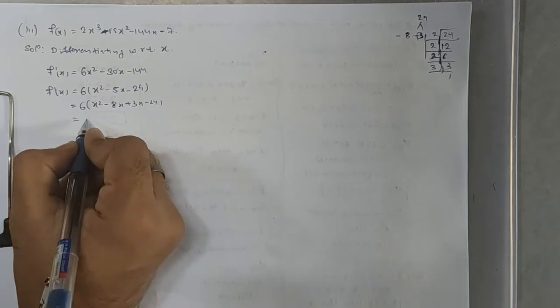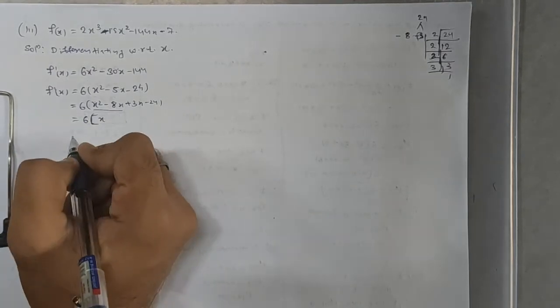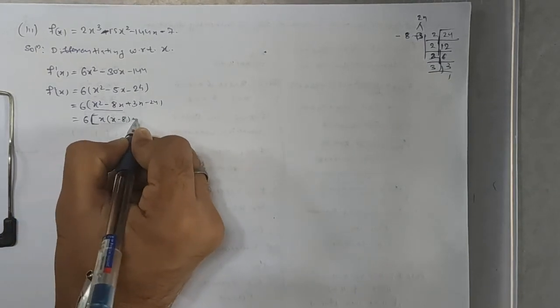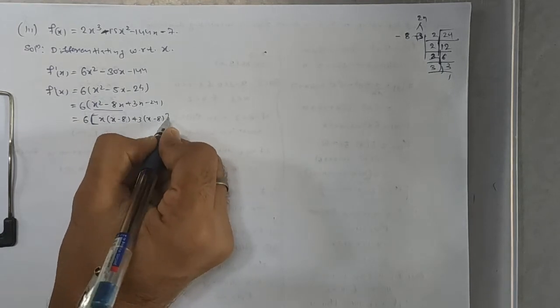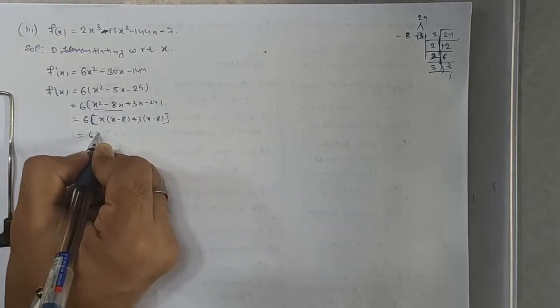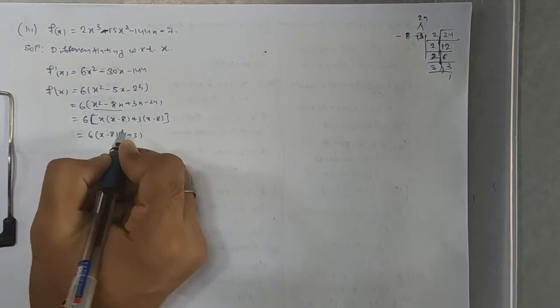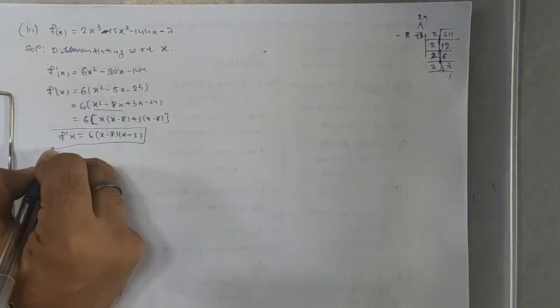Now 6 into, in the square bracket, taking x common from x square minus 8x, so this will be x minus 8. Taking common 3 from both the terms, x minus 8. Now x minus 8 is common in both the terms, so this will be x minus 8 and x plus 3 into 6. So this is all f dash of x.